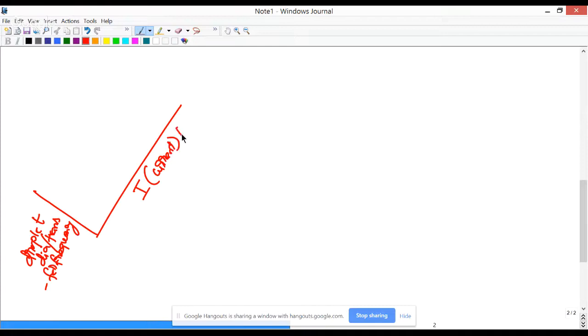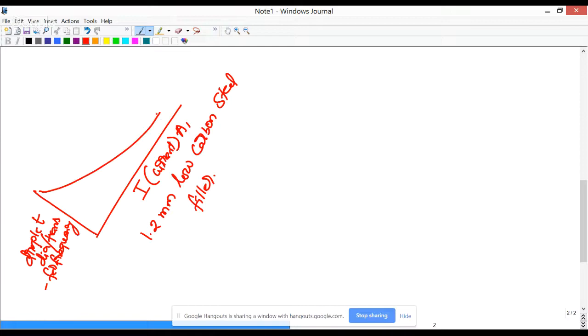I showed an example graph for welding with a 1.2 mm low carbon steel filler in an argon atmosphere. When you increase the welding current, the droplet diameter decreases. Meanwhile, you also increase the droplet transfer frequency.